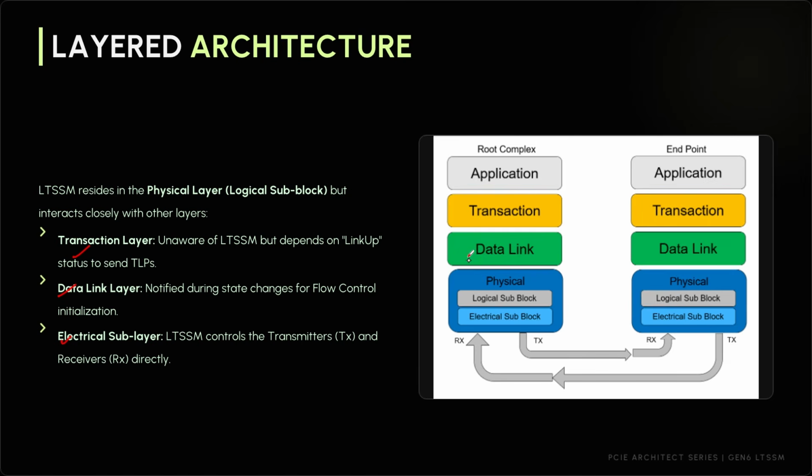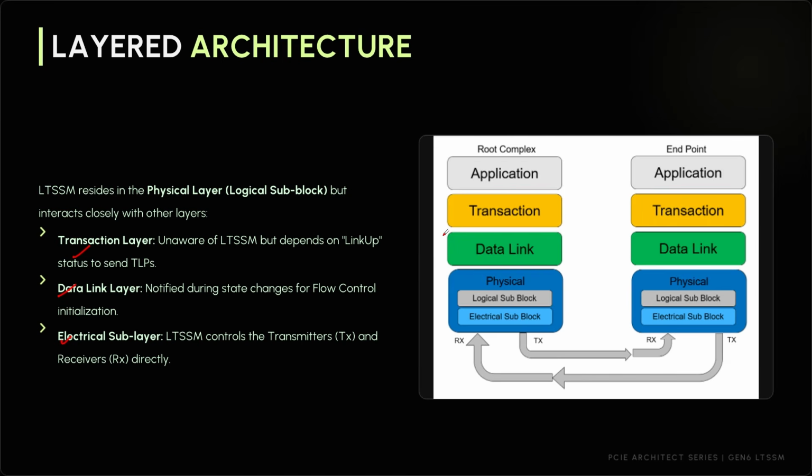The data link layer ensures reliable delivery, whereas the physical layer handles the actual electrical signaling. So LTSSM directly controls transmitters and receivers. Although higher layers are unaware of the LTSSM details, they depend on LTSSM to establish a working link. Without LTSSM, higher layers never get a valid link-up indication.